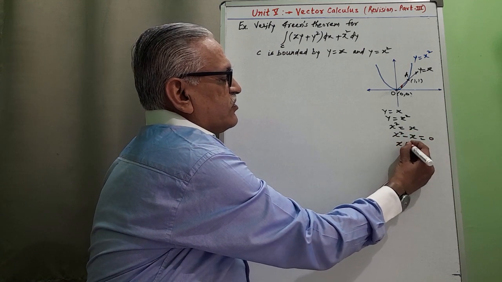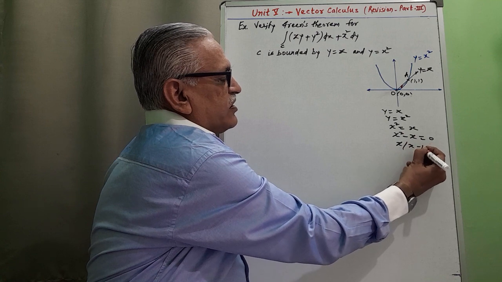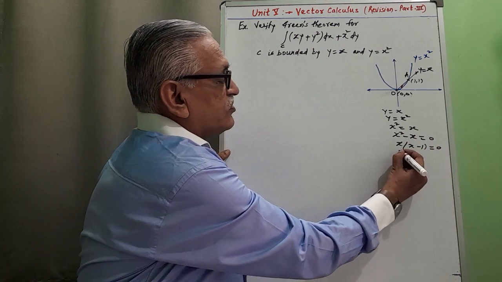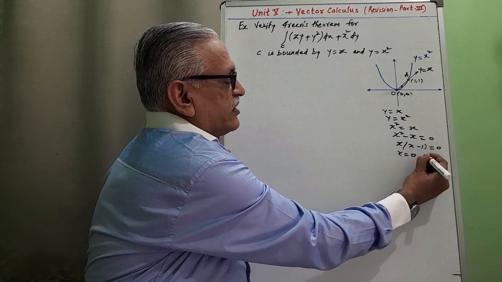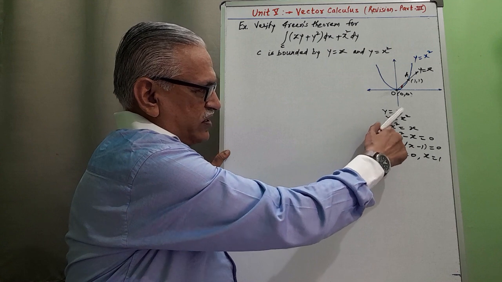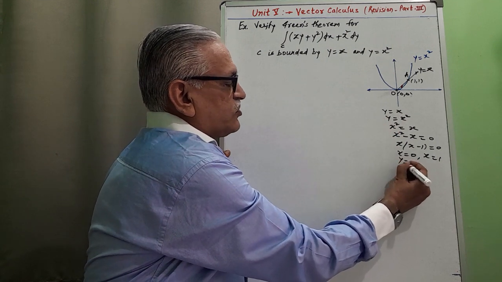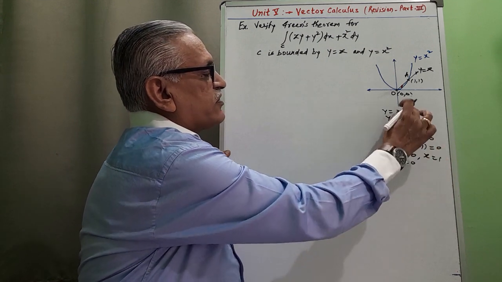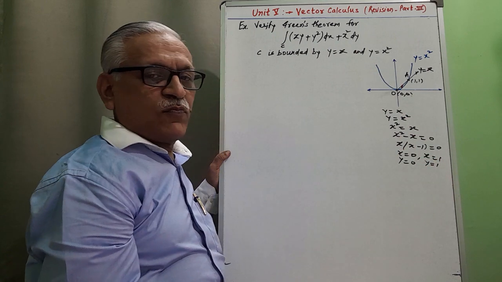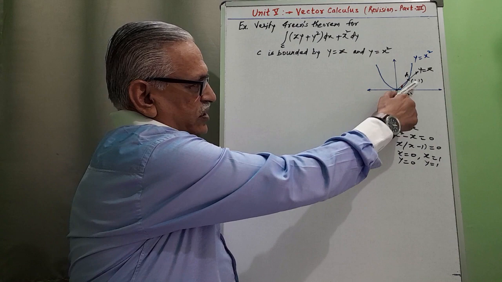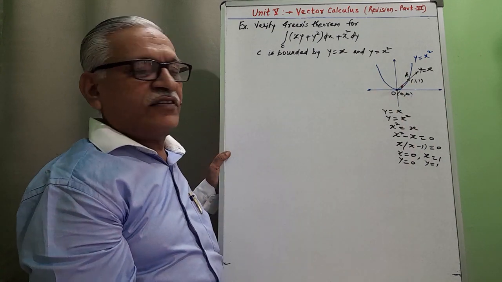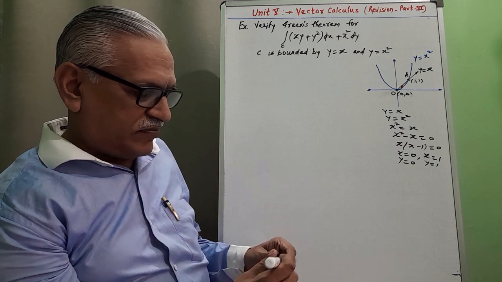Taking x common, we get x(x - 1) = 0. Therefore, one point is x = 0, and the second point is x = 1. When we put x = 0, we get y = 0, and when we put x = 1, we get y = 1. Therefore, the points are (0, 0) and (1, 1). Join those two points, and we get the straight line y = x.